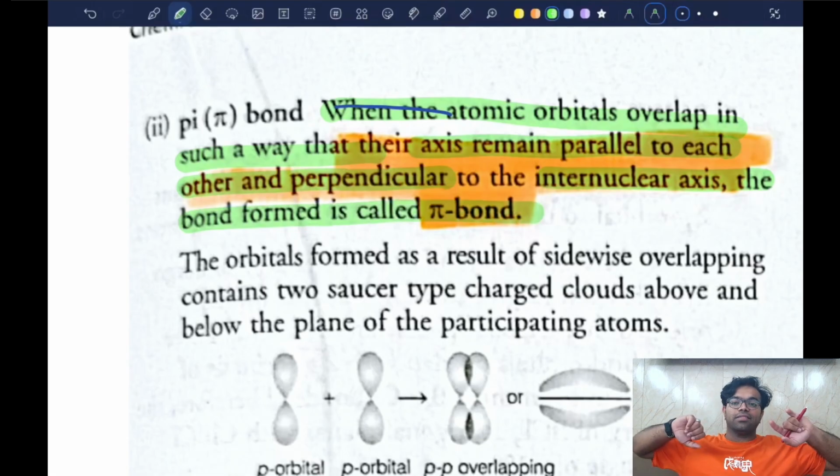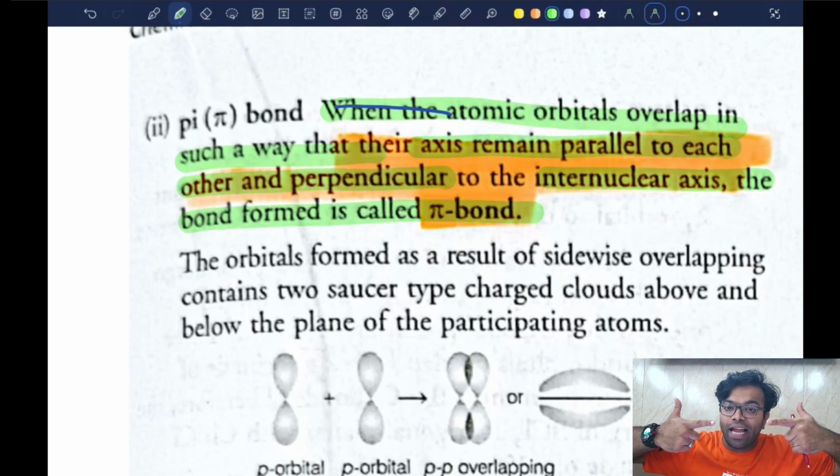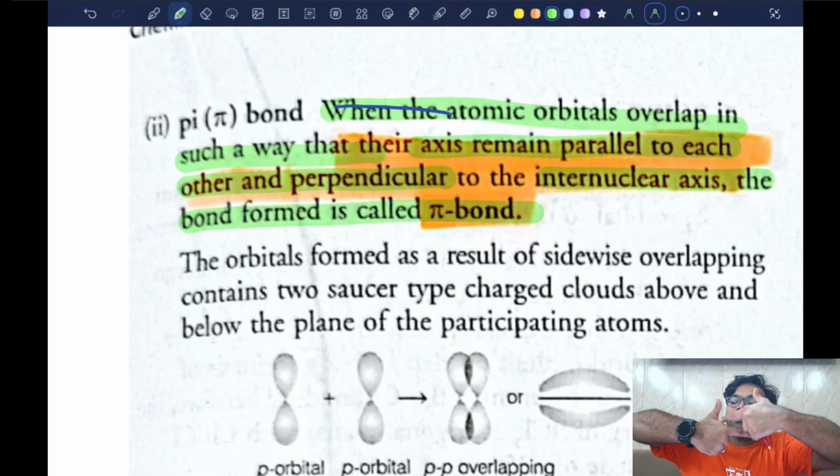Now look at this. If the z axis is taken as the default internuclear axis, then this can be considered to be the px, and this can be considered to be the py.